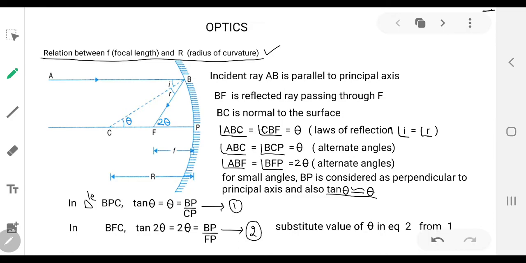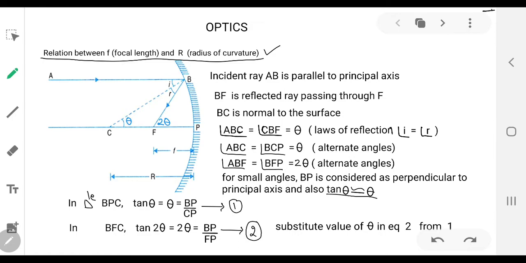This is also true for the convex mirror, but for our convenience, we are considering the concave mirror, and we are considering object at infinity.